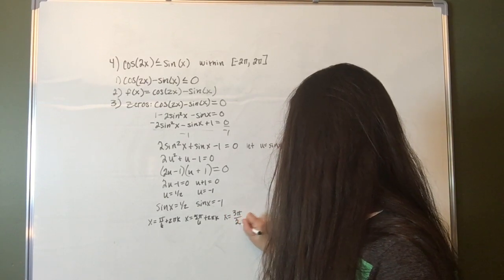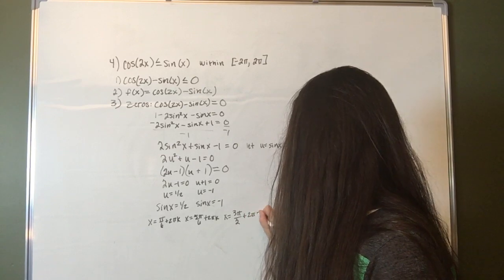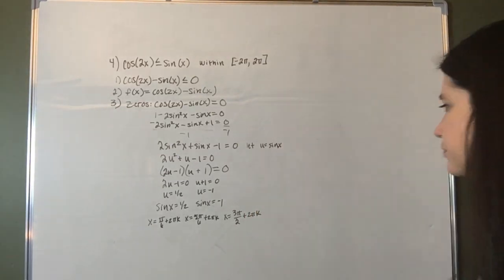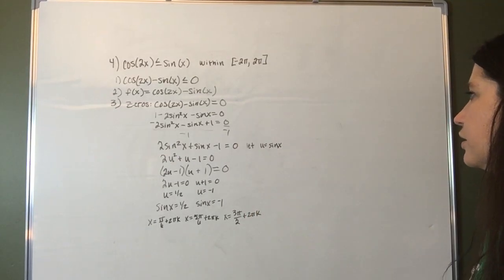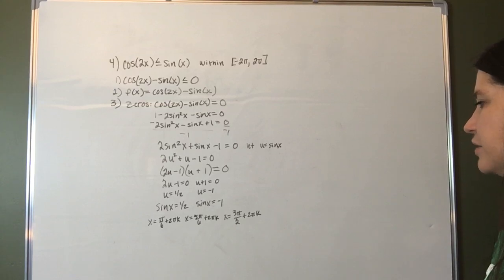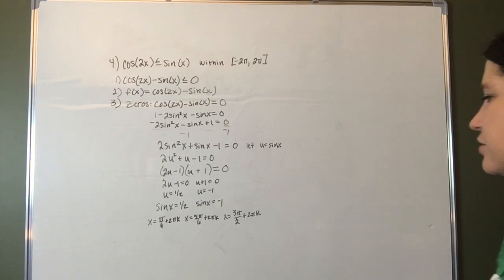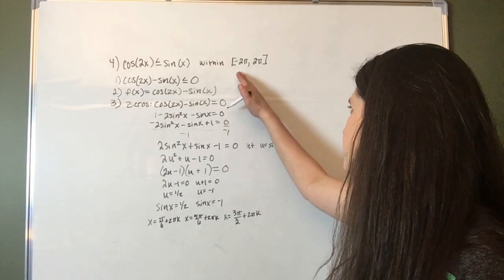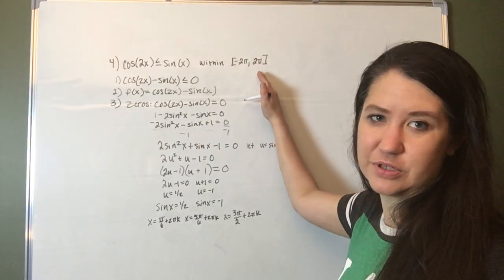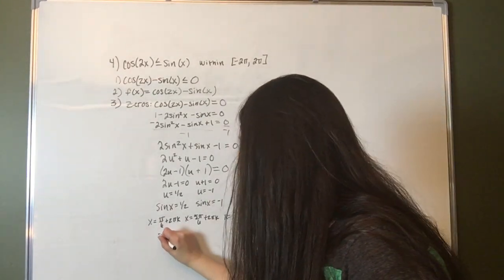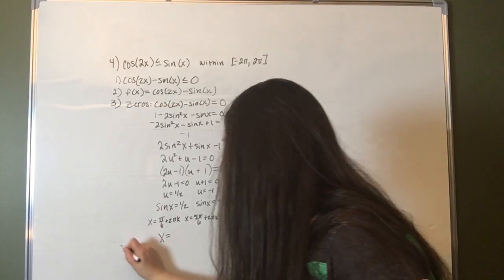That's at 3 pi over 2, of course, plus 2 pi k, right? All right, wow, that was a lot, right? And we care about solutions for this that are between -2 pi and positive 2 pi. So let's answer that way, right?